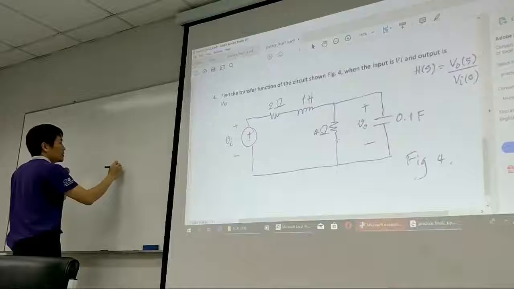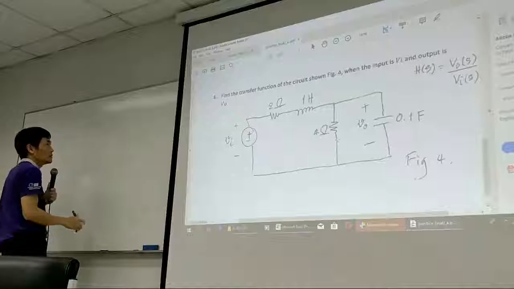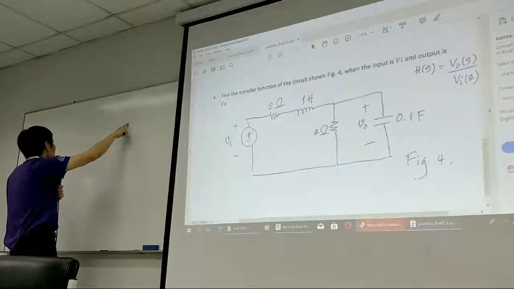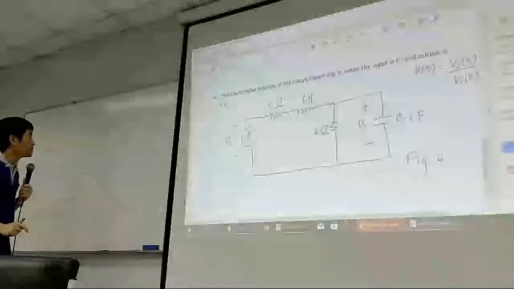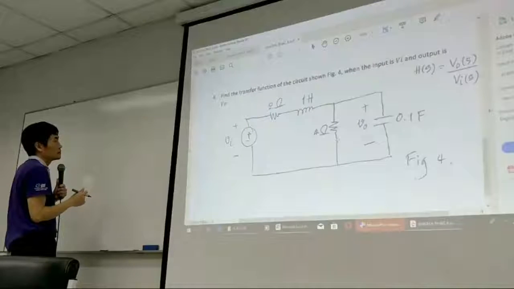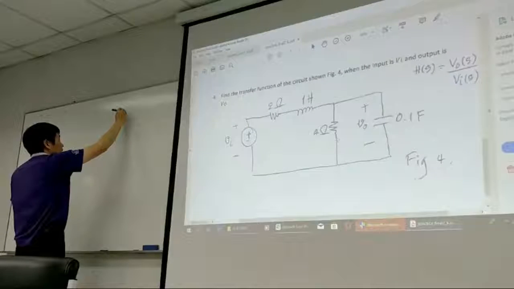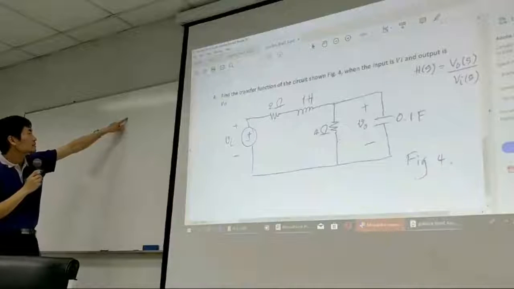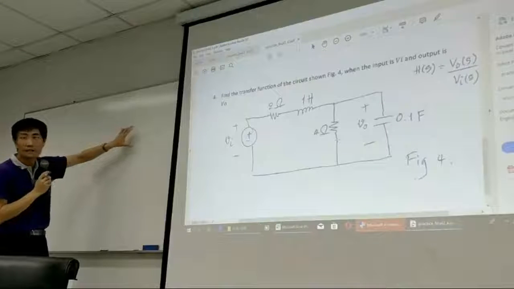Okay, equations. So I put the ground here, and that node. Okay. So we can say V. Actually, we don't know what the V here is.